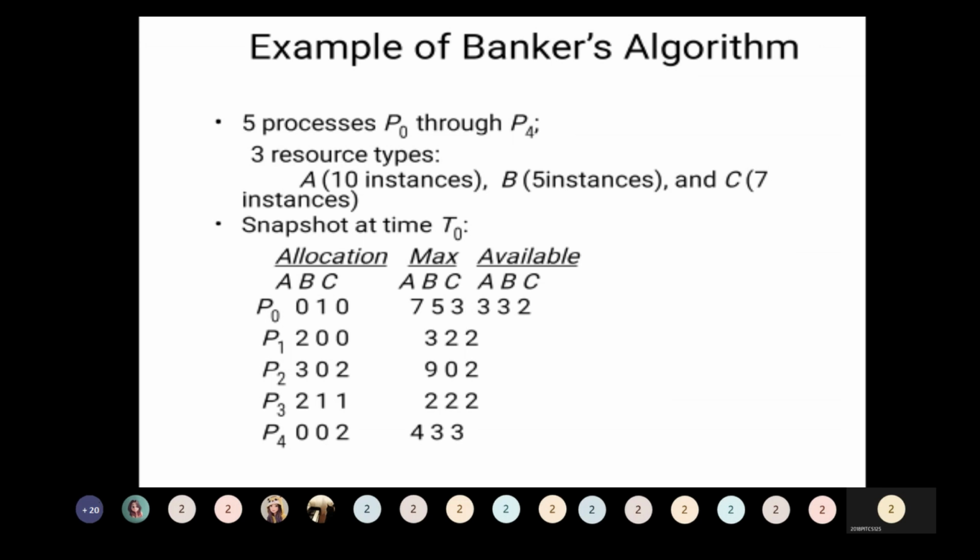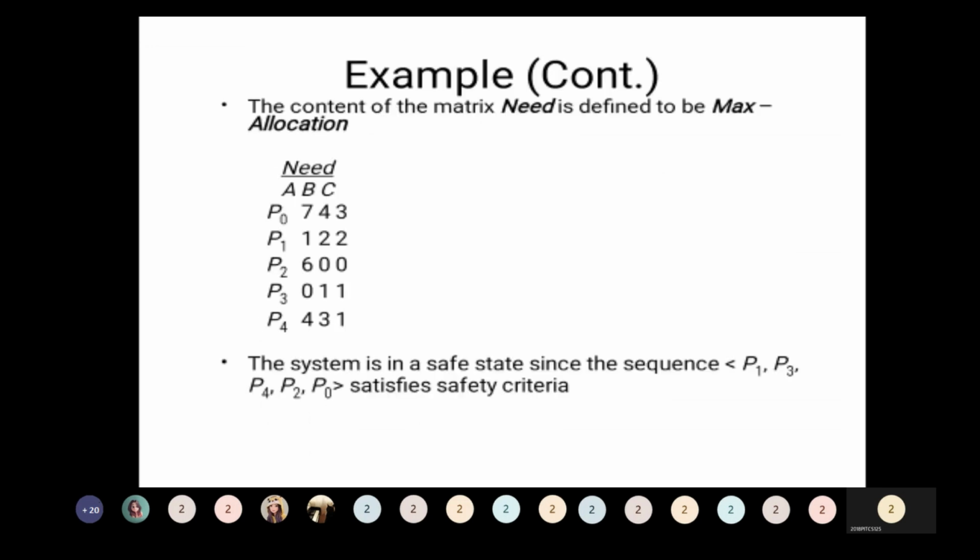P4: 4 minus 0 is 4, 3 minus 0 is 3, 3 minus 2 is 1. This way, from the given resource allocation snapshot, you simply write the need matrix using the formula max minus allocation for each process Pi.